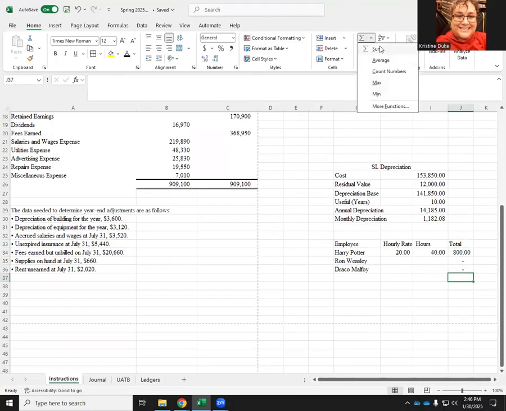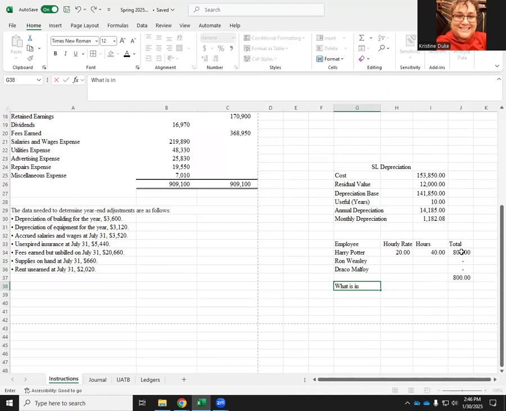I'm also going to sum that. Then right here, I'm going to put in what is already in there. And then this is my adjusting entry amount. This is my subtotal.